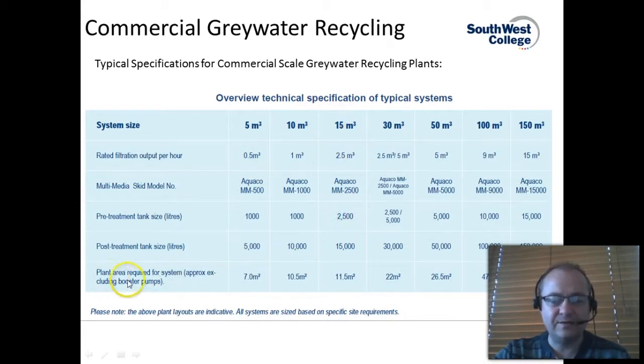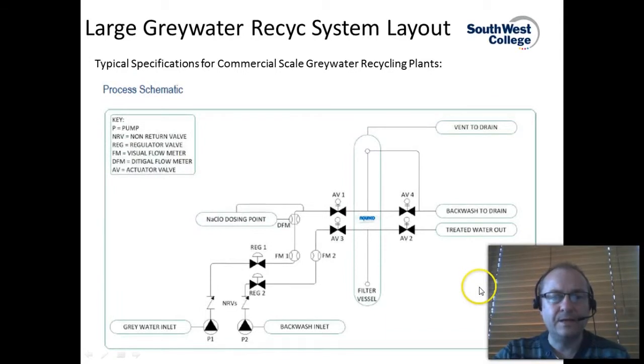And then it also gives you the plant area required for the system, ranging from 7 meters squared up to 60 meters squared. So these are quite big systems, ranging from small commercial up to very large commercial systems. The typical specifications for a commercial scale greywater recycling plant are shown in the schematic below, but again the basics of either a domestic or large scale commercial greywater recycling system are pretty much the same.